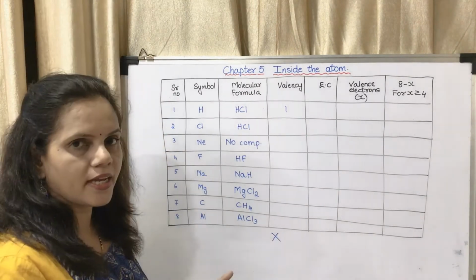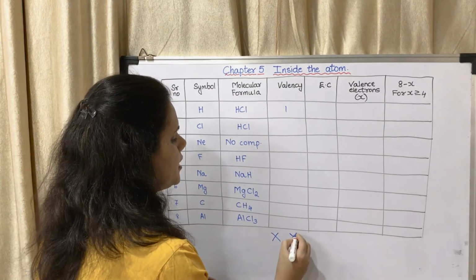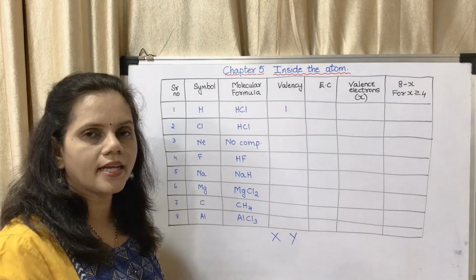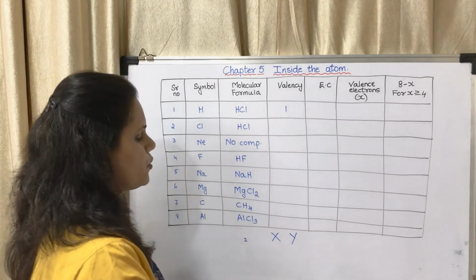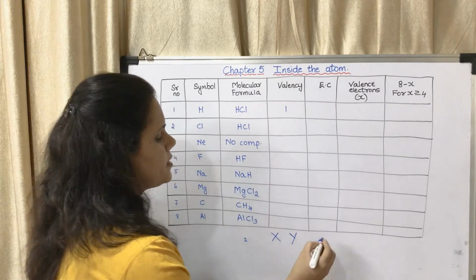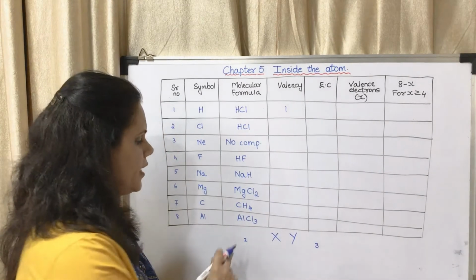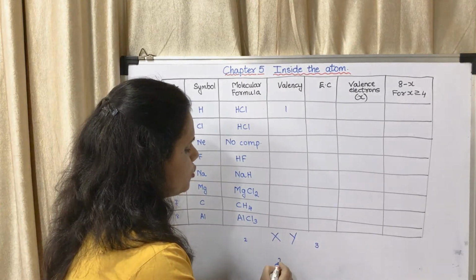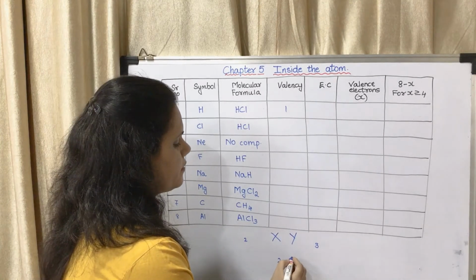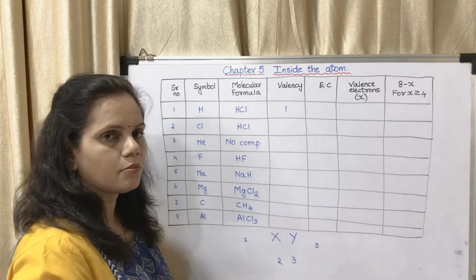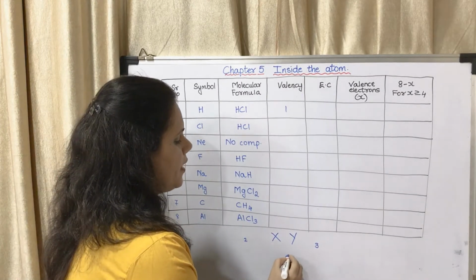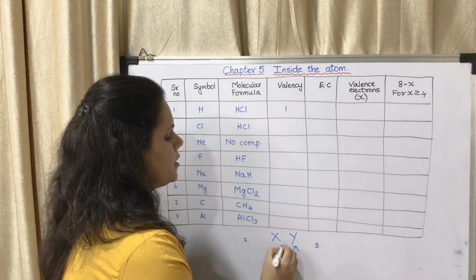Consider this is one element and this is another element, and consider the valency of X is 2 and the valency of Y is 3. Now when you write the molecular formula, you will have to write 2 here and 3 here.